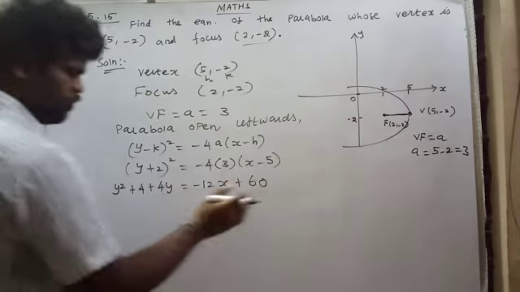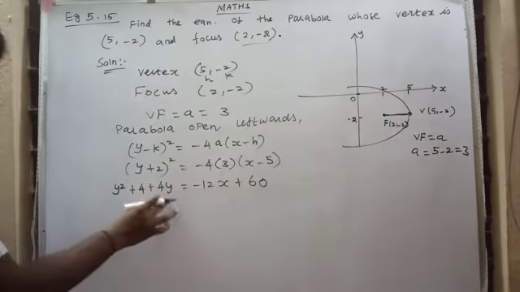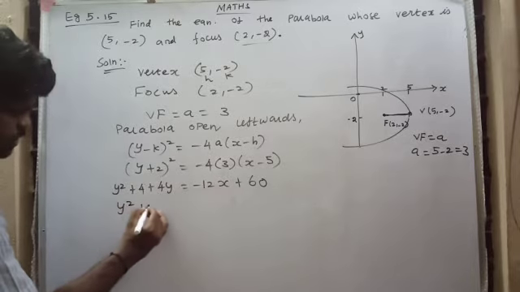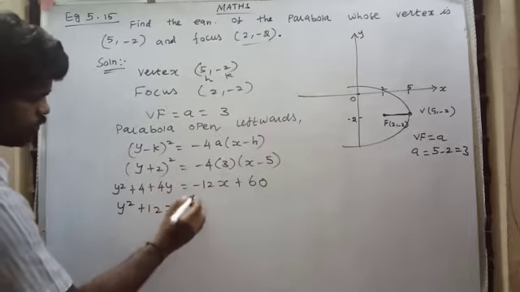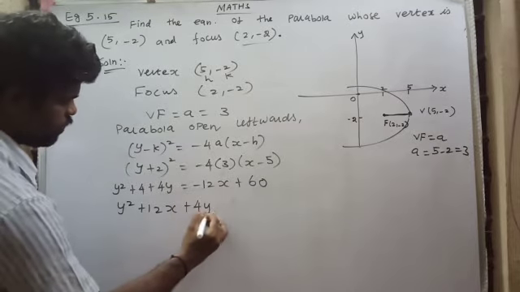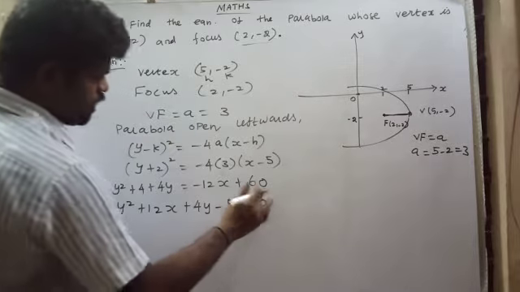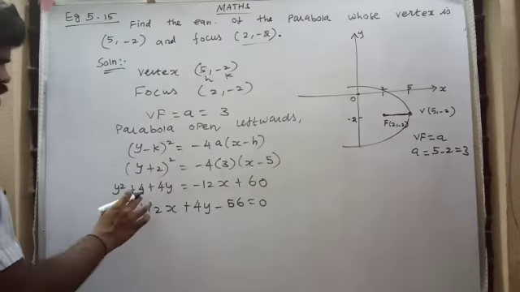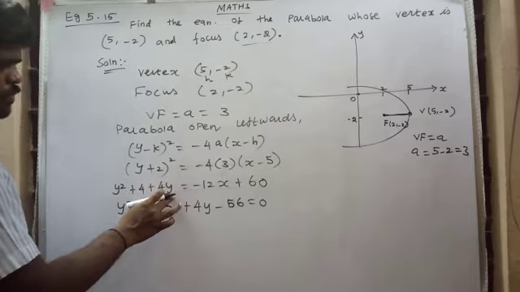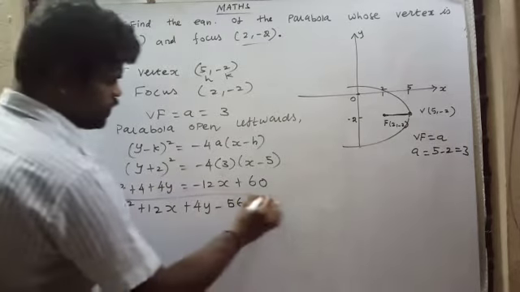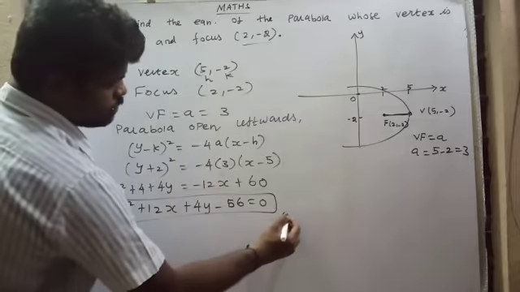So we write this to that side: y² + 12x + 4y − 56 = 0, because the 60 will come as −60, and plus 4 gives −56. This is the required equation of the parabola.